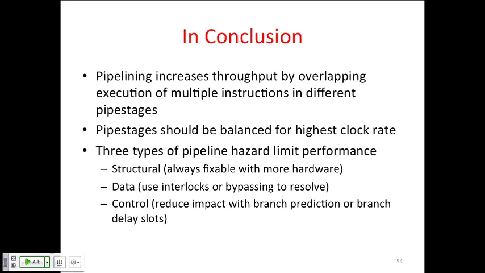Data is when one instruction produces a value another one needs. We looked at forwarding as a good way of removing data hazards when you can. And if you cannot do that, then you can just interlock and wait for the value to be ready. Then finally, control hazards, where you have control flow and you don't know where the next instruction is coming from. Then you can do these various branch techniques. Okay, that's it. See you on Tuesday.